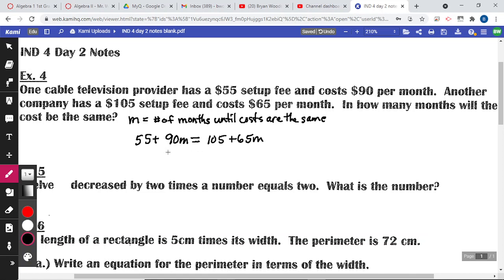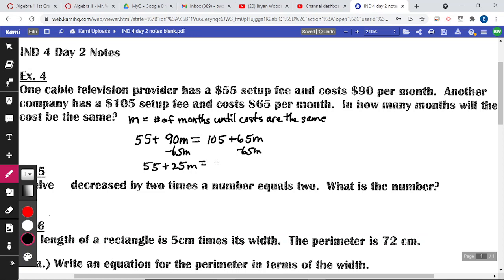So we will get all of our m's to the same side, and we'll subtract 65m from both sides because that way we'll have positive. And when we do that, on the left we have 25m.